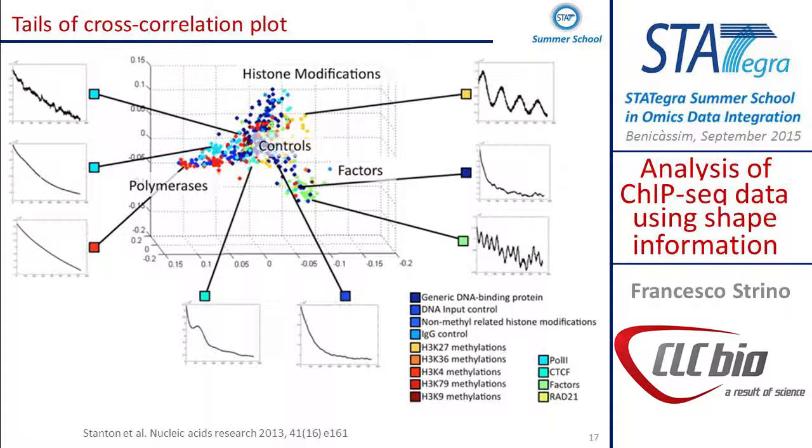Then we did a diffusion map, so we look at distances between the different profiles and try to cluster them. What happens is that all the polymerases will go one way, all the transcription factors will go one way, histone modifications will go one way, and controls will sort of stay in the middle.